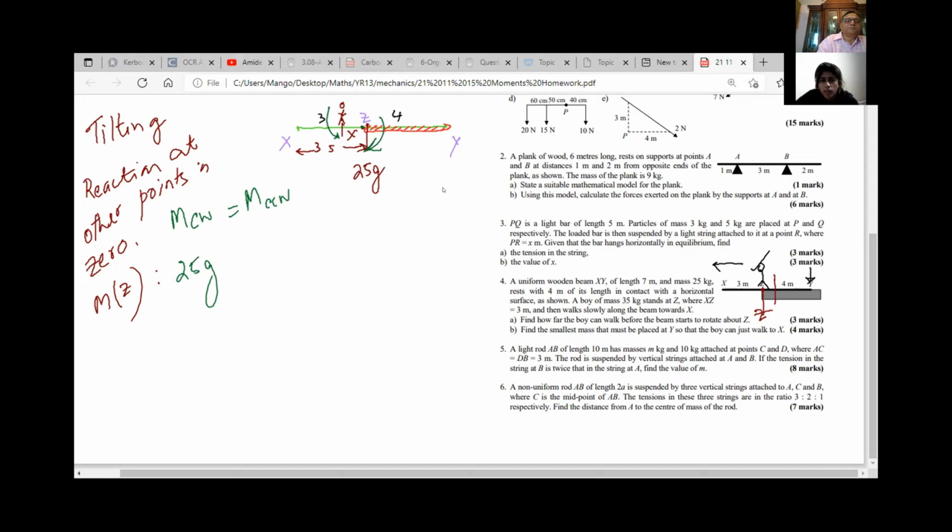And the counterclockwise is the boy's weight, which is 35 kg.